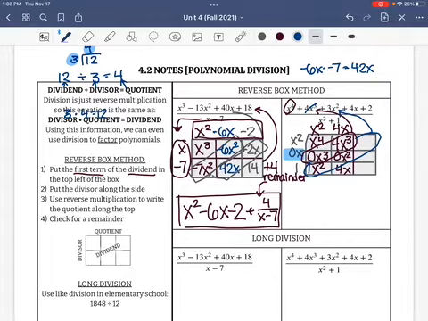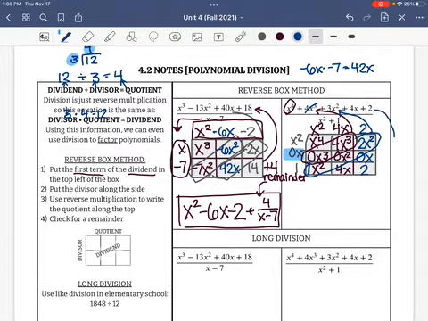I have 1 and then none, so I just have 1 plus 2 will get me 3. And if that's 2x squared, x squared times what gets me 2x squared? 2.